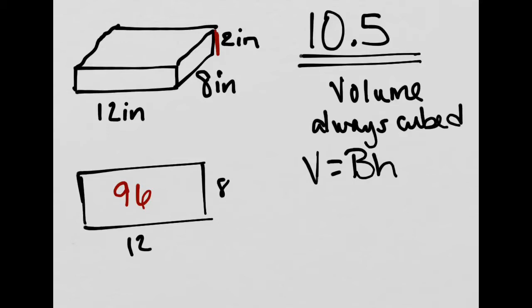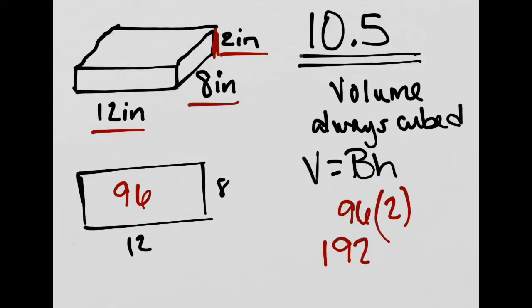So a rectangular prism, really all you're doing is multiplying the 3 measurements out. So we're saying 12 times 8 times 2. In this case, our base area is 96 and our height is 2 because that's the distance between the two bases. So 96 times 2 is going to be 192. And our label was inches, so in this case, it's inches cubed. Just like where the surface area is always squared, with a volume, it is always cubed.